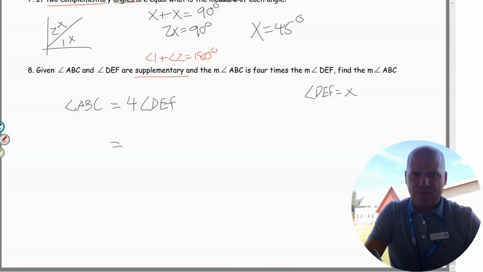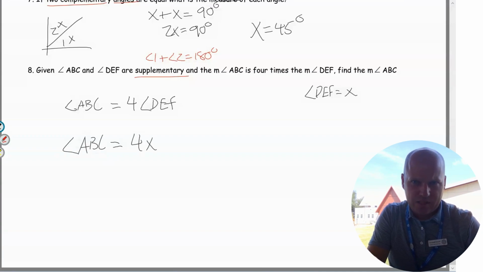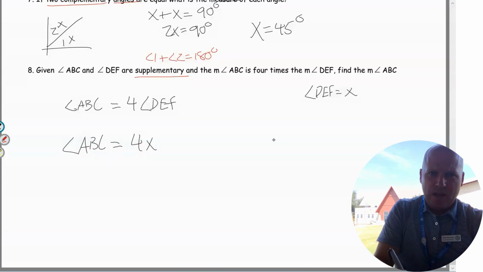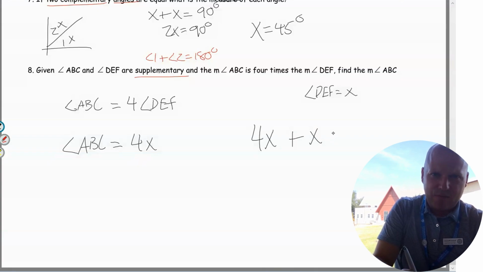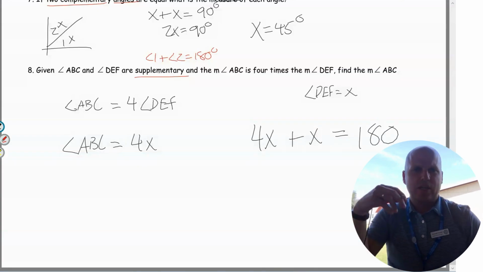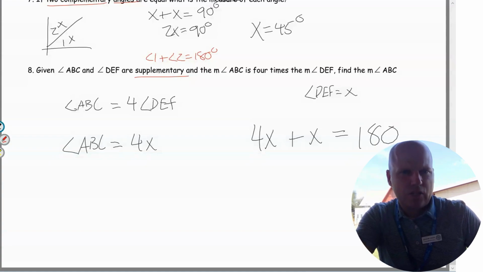If DEF is x, then ABC would have to be 4 times x. If ABC plus DEF are supplementary, well then, here's an equation that helps us find what they are.